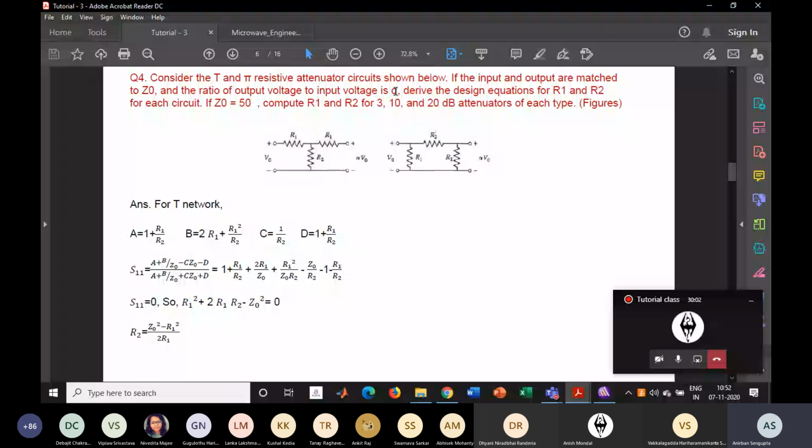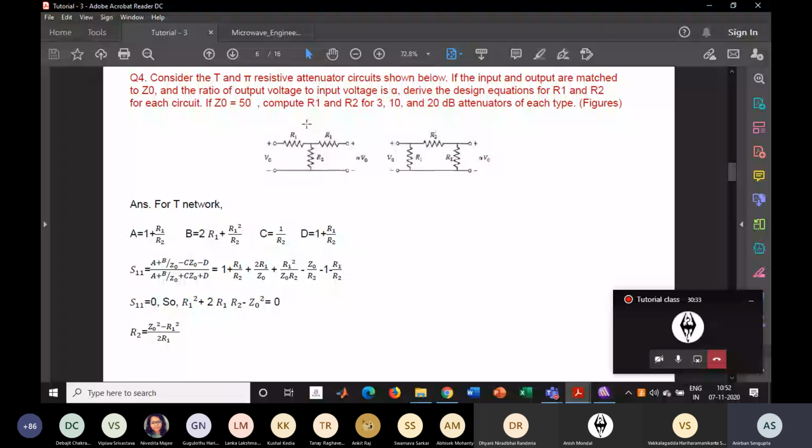So for that, you need to calculate the S parameters of these circuits. And how can you calculate the S parameters? Either you can calculate manually by putting a voltage source or current source here, and then calculate the S parameters. But the easy way is to calculate the ABCD parameters of these circuits and then convert the ABCD parameters to S parameters, as it is shown here.